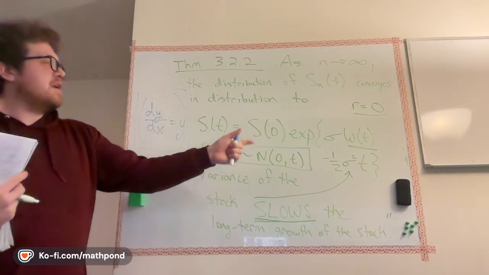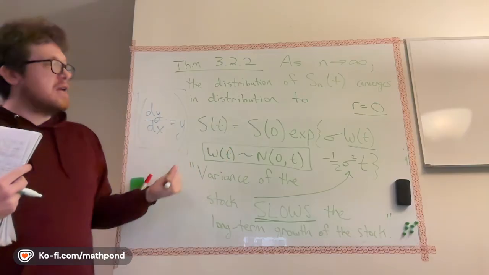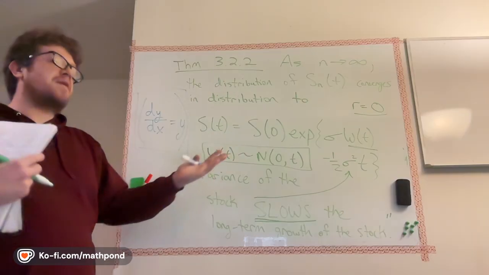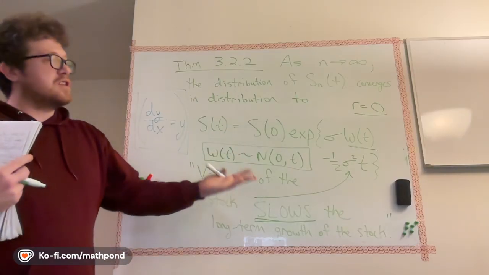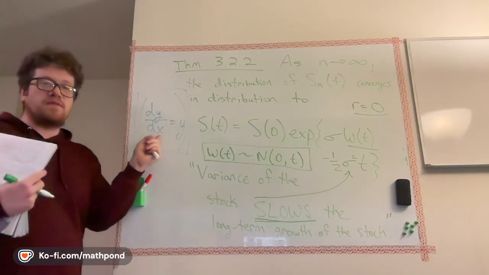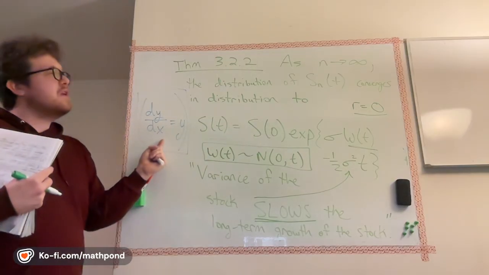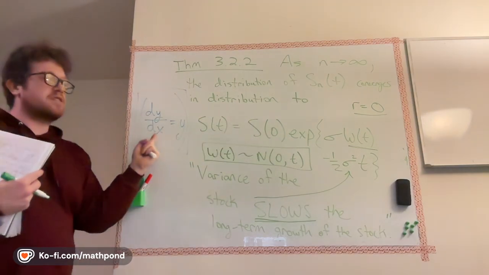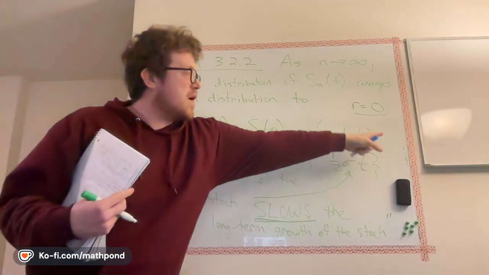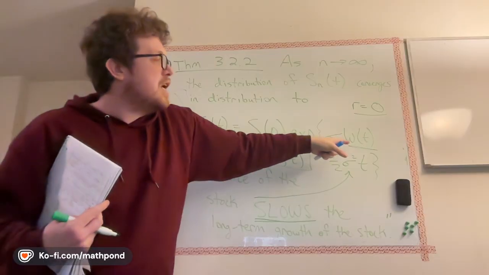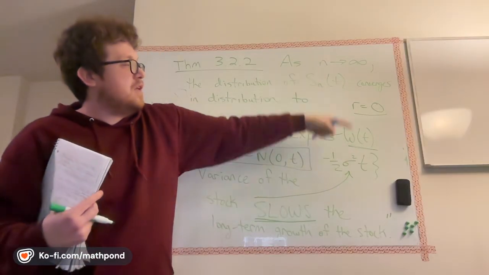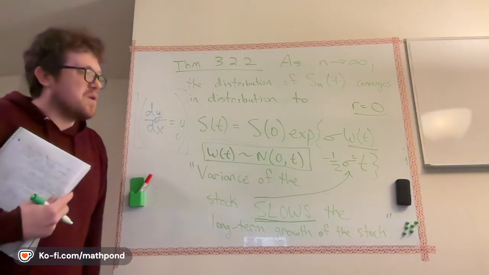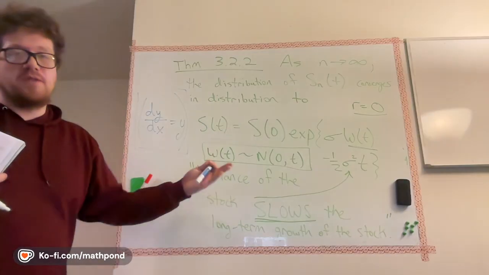So this is saying that the limit of the multi-period model is, if you read more of the book, you would see that it's a solution to some stochastic version of a differential equation, which is very similar to this. And the solution is also some exponential, just like it is for this one, except there's this random component to the exponential, a random variable that's changing with a normal distribution.